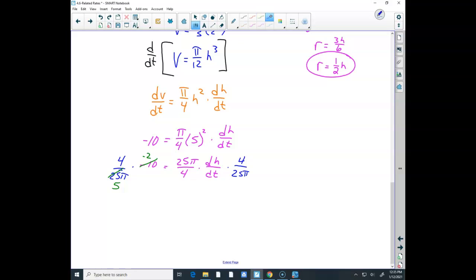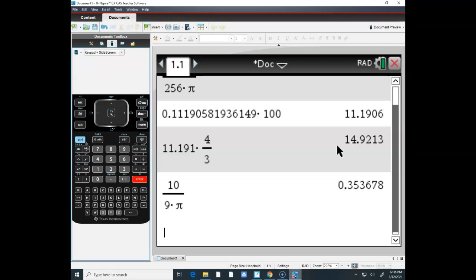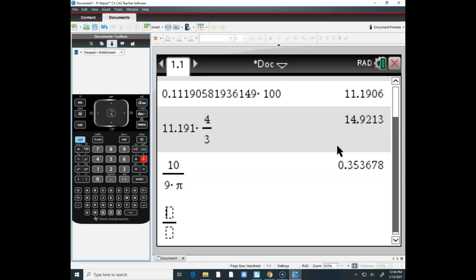So I really can say dh/dt equals negative 8 over 5 pi, if I did my math right, I think. And if I really wanted a decimal for that, well, then I'm going to come here and get that fancy little control divide in there. I'm going to say, what the heck is negative 8 over 5 times pi?